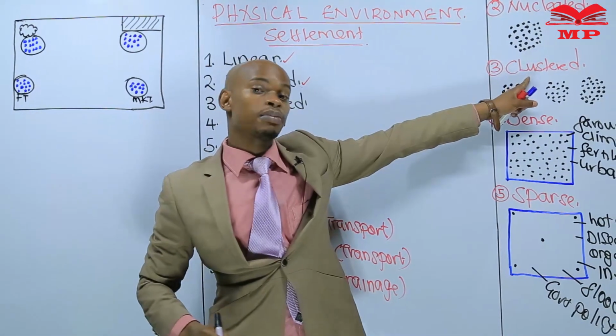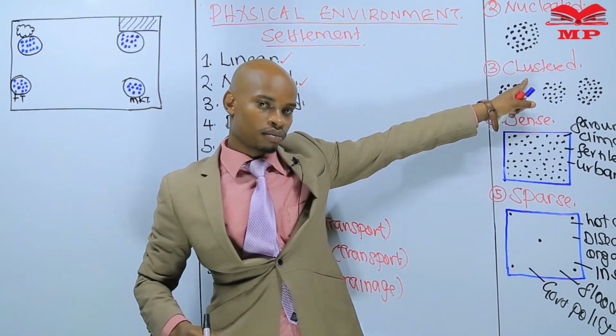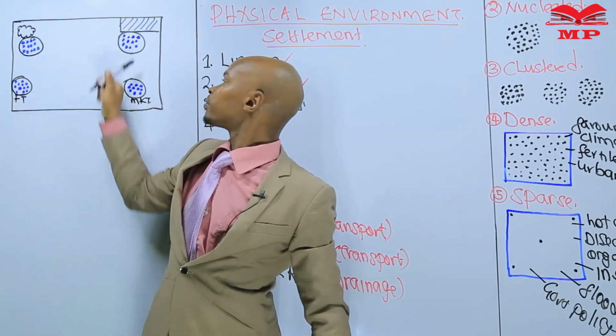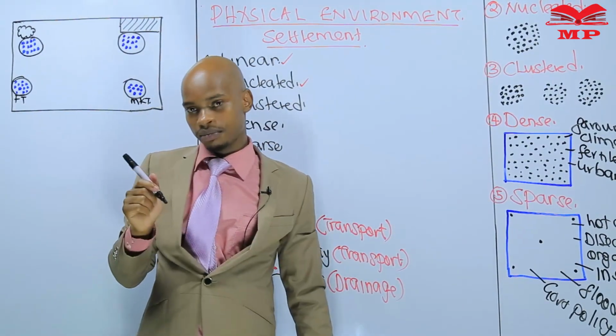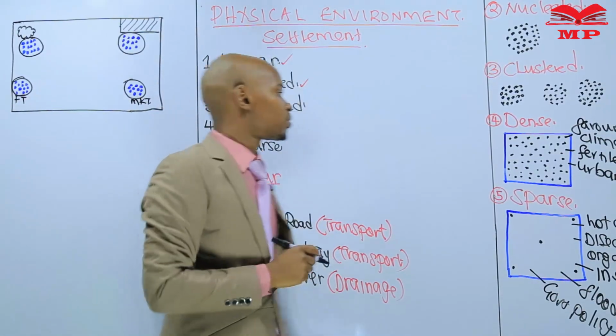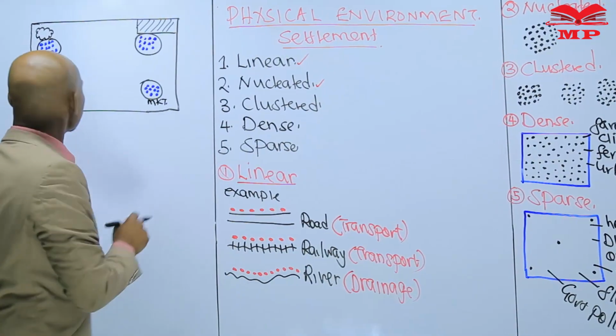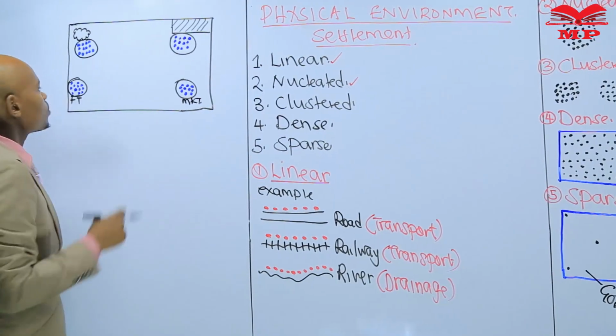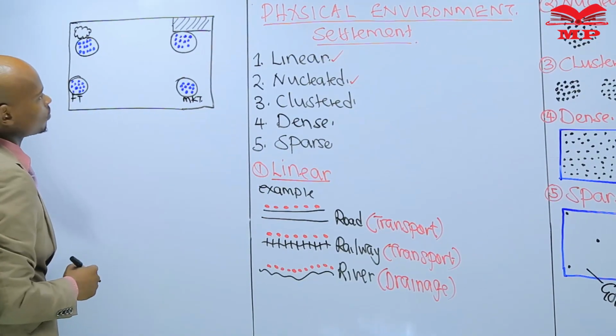So our settlement pattern is clustered. Several groups you have identified. Number 2, what is causing them to assume this clustered pattern of settlement?